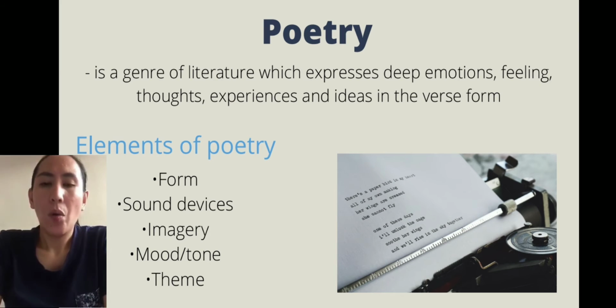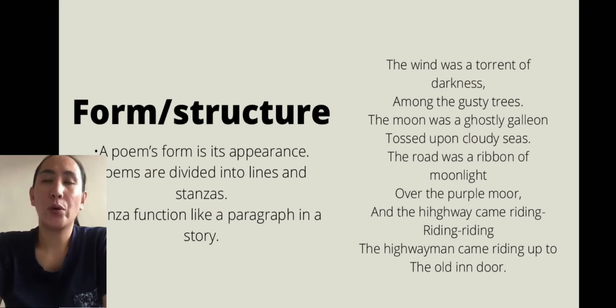Now, how about poetry? We all know that poetry is a genre of literature. And there are elements of poetry such as the form, the sound devices, imagery, mode or tone, and the theme. Now let's start with the form or the structure.